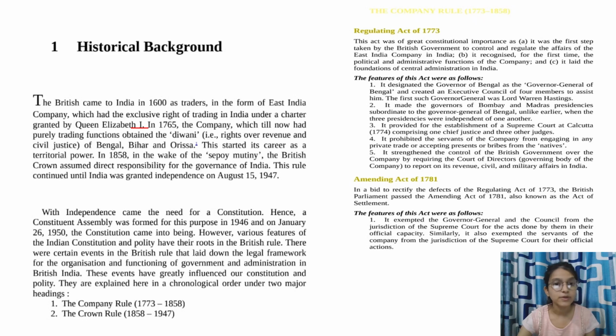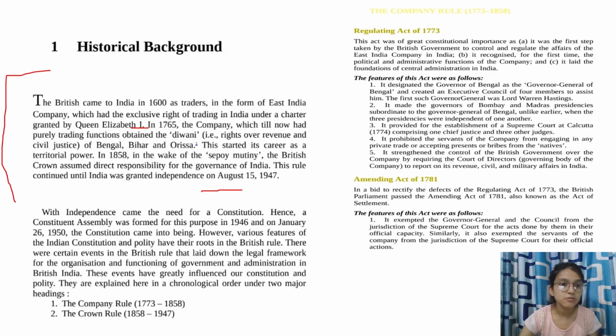In 1765, the company, which till now had purely trading functions, took over the Diwani of Bengal, Bihar, and Orissa. It started its career as a territorial power. In 1858, in the wake of the Sepoy Mutiny, the British Crown assumed direct responsibility for the government of India. This rule continued until India was granted independence on 15 August 1947.